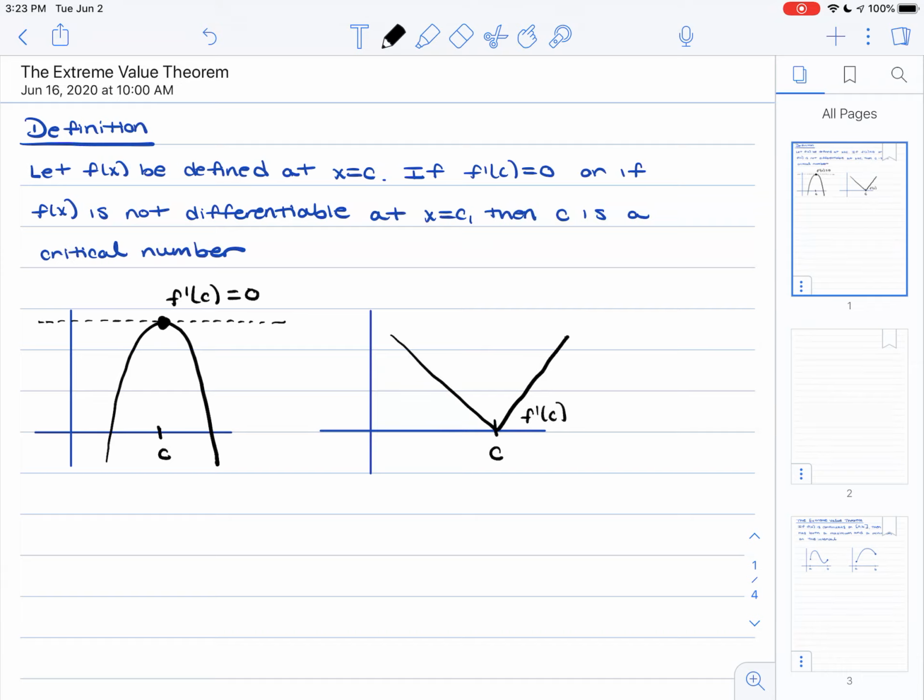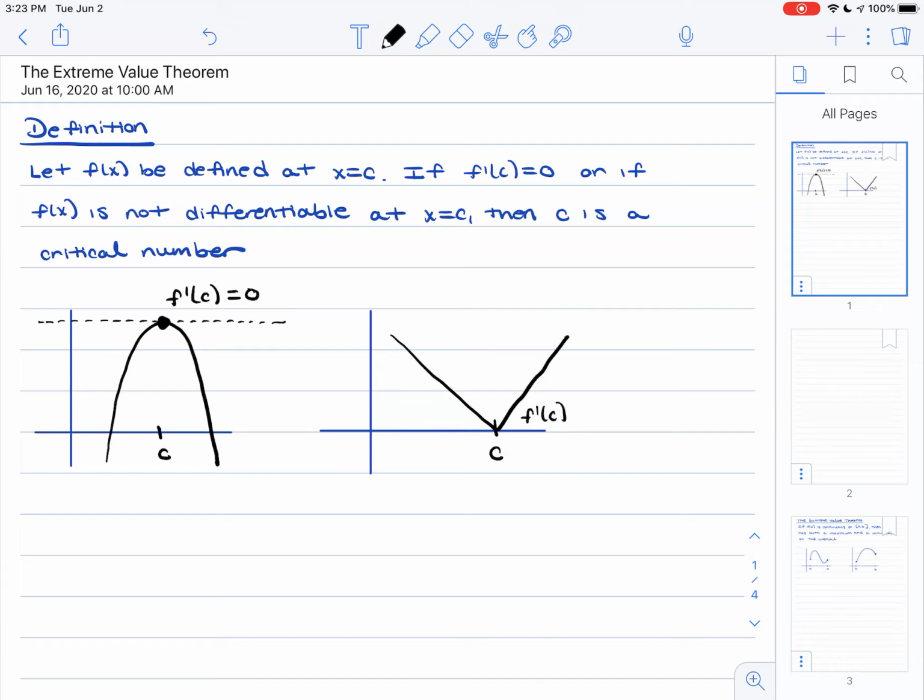All right, so then to find our critical numbers, set the derivative equal to 0. And that's going to put our critical numbers at 0 and 1.